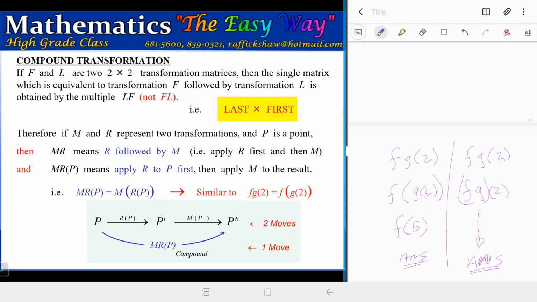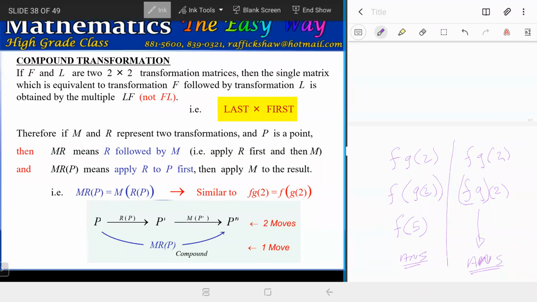Getting a single matrix applies only when you have two 2x2 matrices. So if a translation is involved, you cannot do it in one move. You have to do it in two moves. The one move thing in transformation can only work when you have two 2x2 matrices, so that means you're not including the translation.